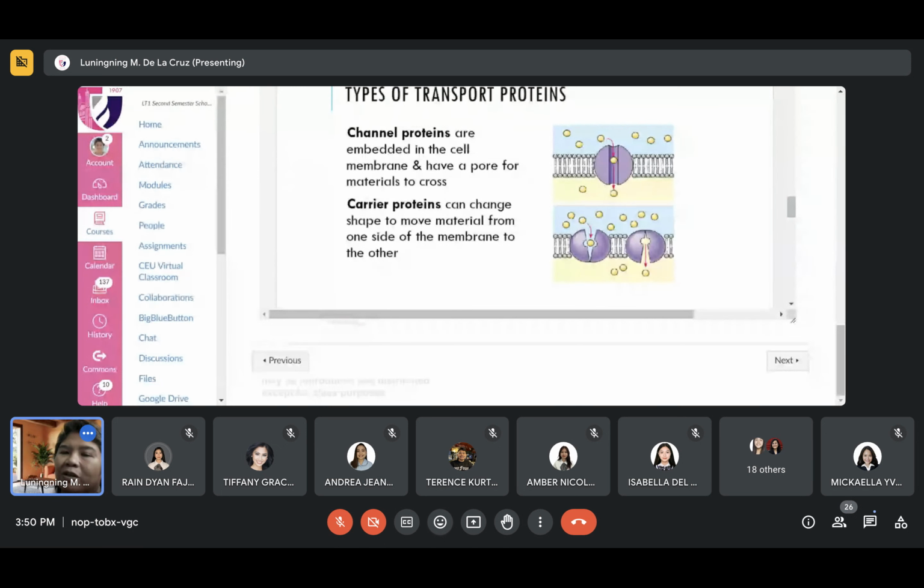The carrier proteins carry and move the material from one side to another. Channel proteins have a pore or a path where our materials can pass through from one side to the other side of the cell membrane.